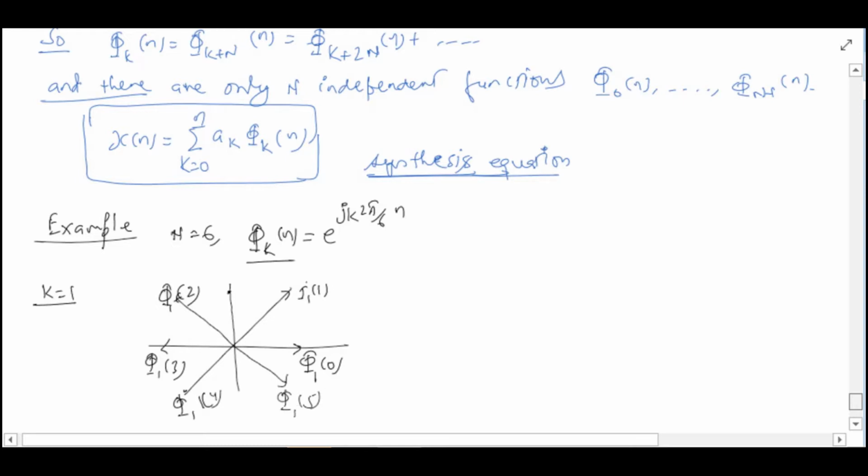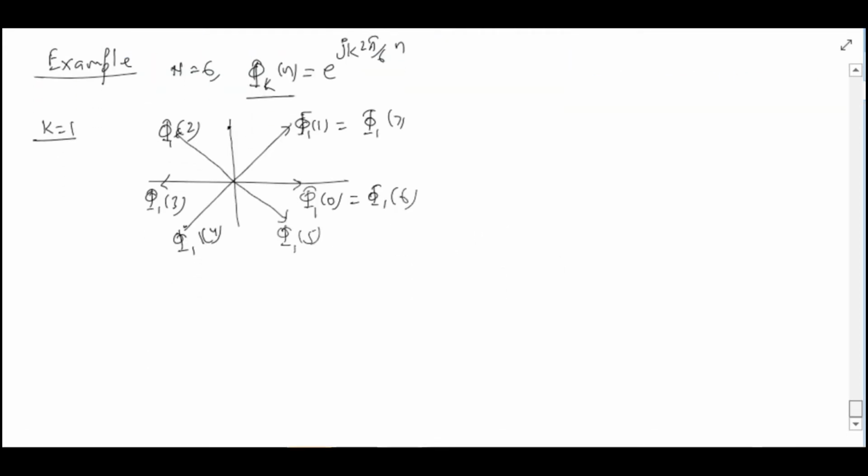From what we discussed earlier, phi 1 7 will be the same as phi 1 1, phi 1 6 will be the same as phi 1 0, and so on. Similarly, if I choose k equals 2, I get only 3 distinct complex exponentials, which are as follows.